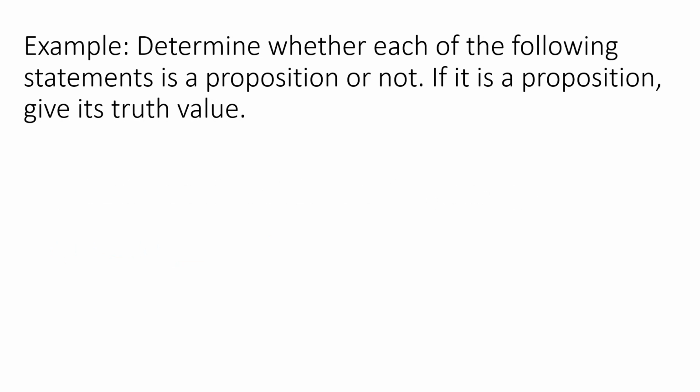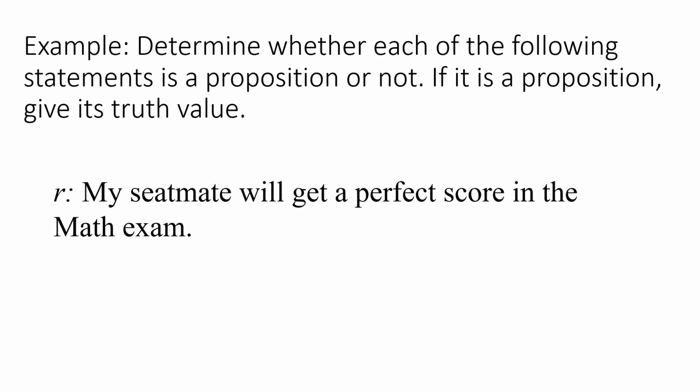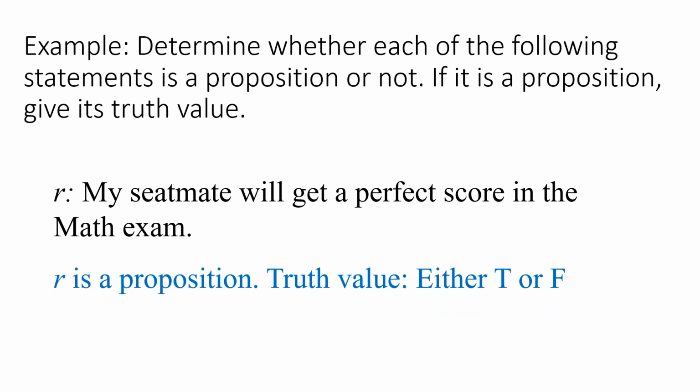Another example. Okay. My seatmate will get a perfect score in the math exam. Now, the statement is a declarative sentence which gives information. So, this is a proposition. Okay.